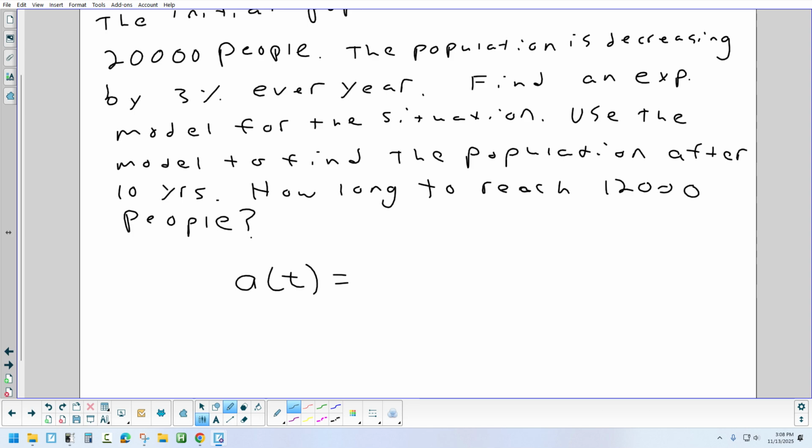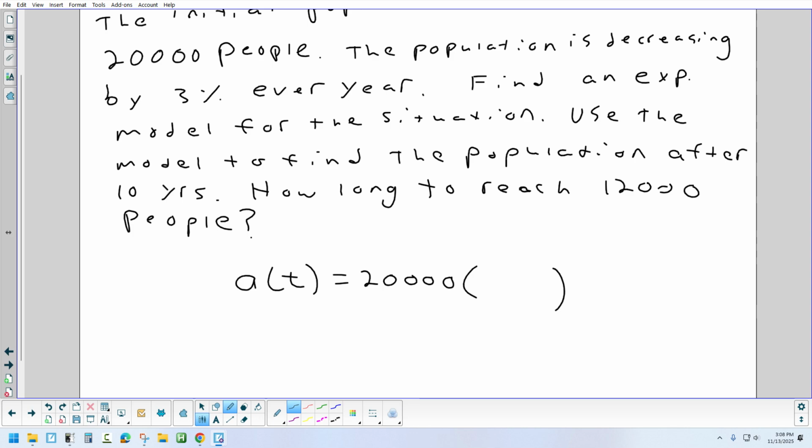And what's your starting population here? 20,000. What goes in parentheses next to the initial amount in an exponential decay equation? It's like a formula you have to put there. Yeah, 1 minus r.